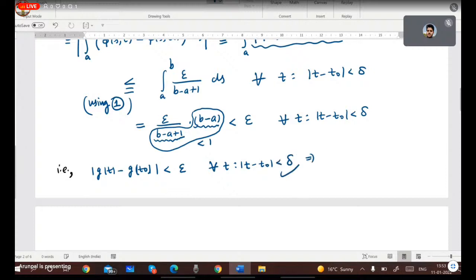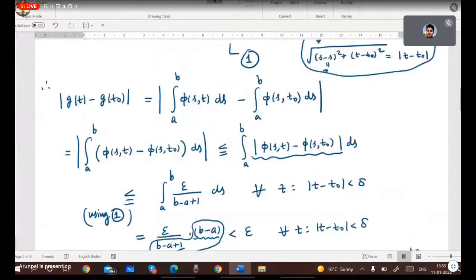This implies that g is continuous at t naught, and t naught was arbitrary, and hence it is continuous on c comma d. Is this okay, class? Yes, sir. Very nice proof. Very easy to understand.